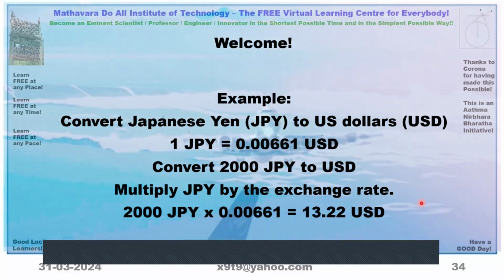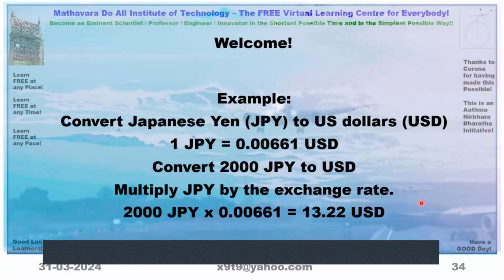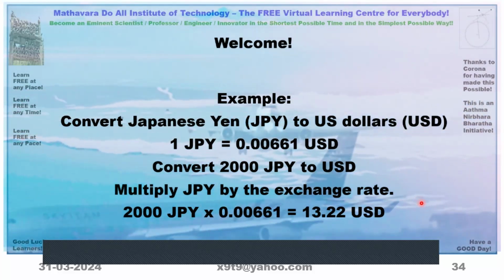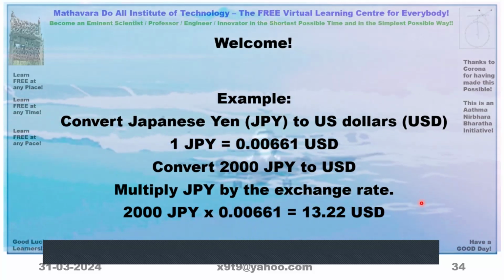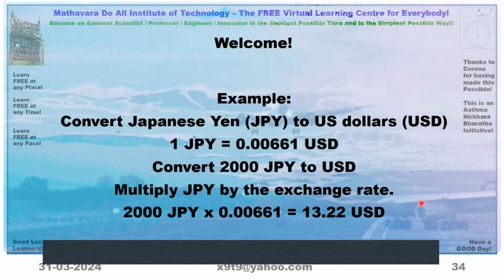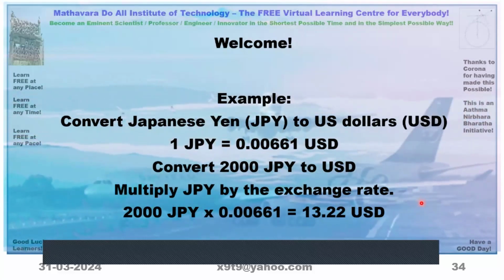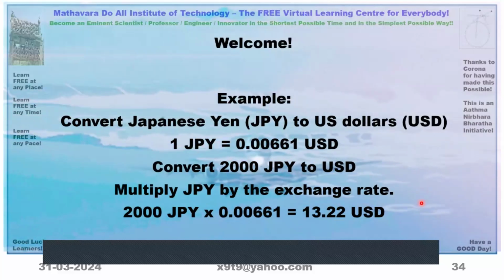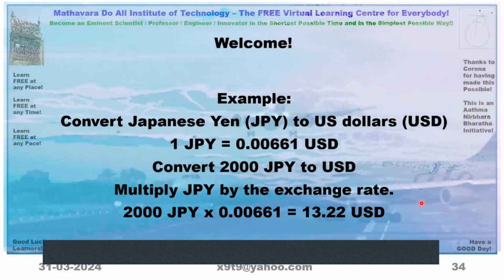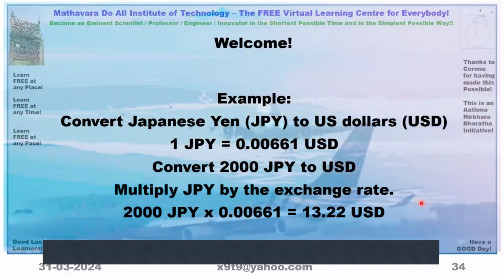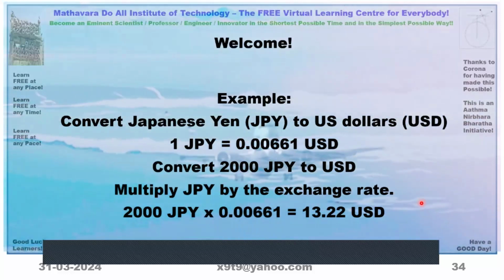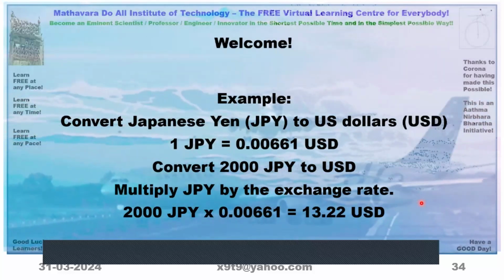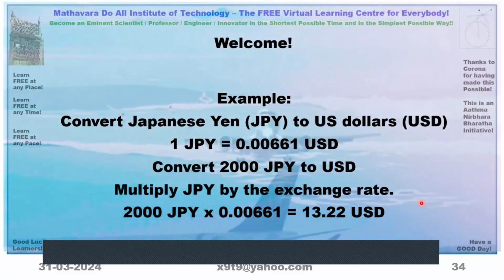So just multiply 2000 multiplied by 0.00661 and check whether this is right or wrong. So you are able to calculate? Yeah.